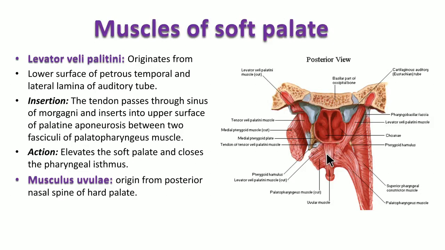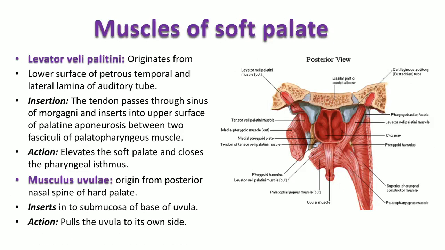The muscle fibers pass downwards and get inserted into this conical projection, mainly the base of the uvula, deep to the mucosa, in the submucosa. The main action is that it pulls the uvula to the same side. When the right musculus uvulae acts, the uvula moves to the right side, and in the same way when the left muscle acts, it moves to the left side.